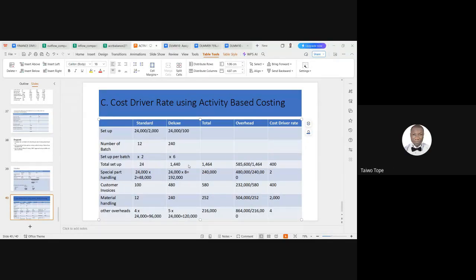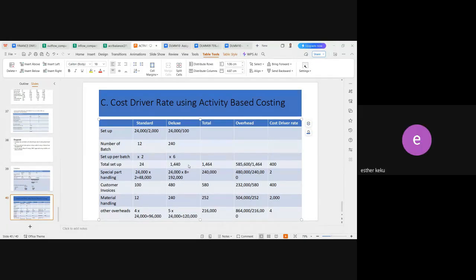So for you to set up 24 locations, how much will you incur? 9,600. That is 24 multiplied by 400, right? Yes, sir. So you now want to spread 9,600 on the total units produced for standard. What will you do?